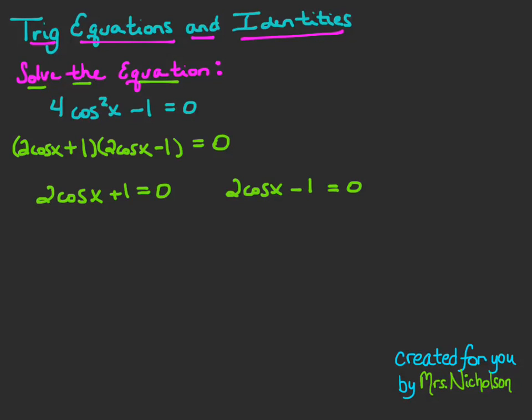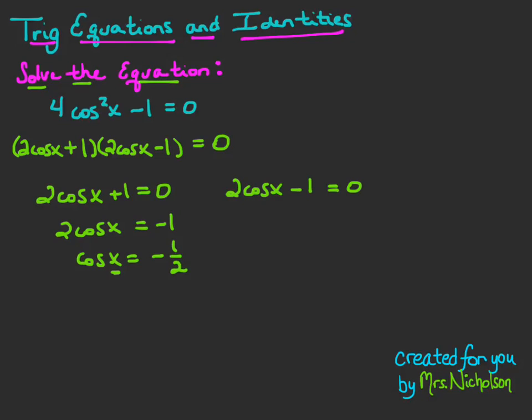And we're going to solve each of these for x. So I'm going to subtract 1 from both sides. 2 cosine x equals negative 1. And then we're going to divide by 2, and I get cosine x is equal to negative 1/2. And I want to find two answers for this equation from my unit circle. The question here is, at what angle x is cosine equal to negative 1/2?